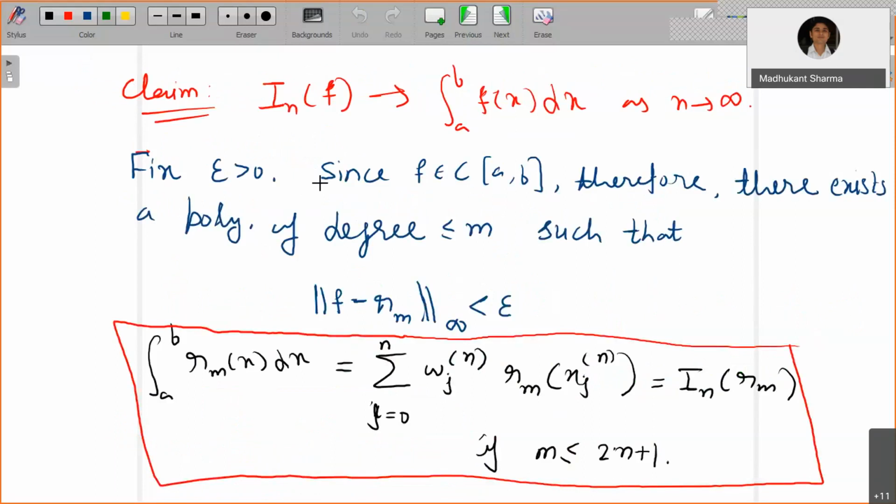Now, see, fix epsilon bigger than 0. Since f is a continuous function, therefore there exists a polynomial of degree less than or equal to m such that this happens. This is because of the Weierstrass approximation theorem.